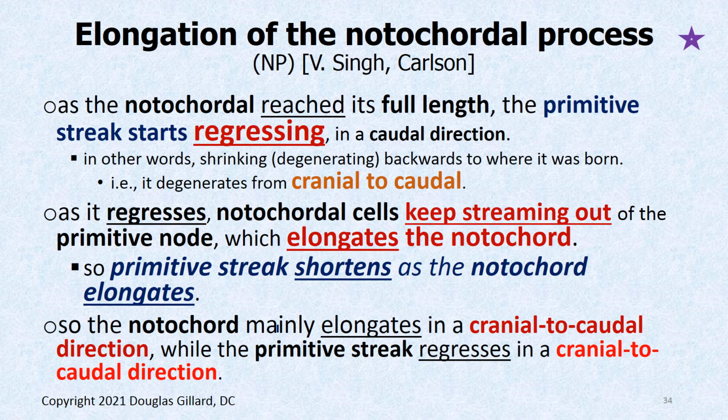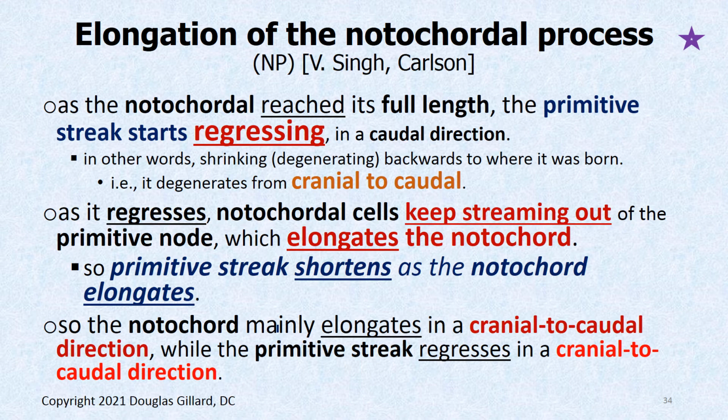So as we said, as the notochord reaches its full length, the primitive streak starts to go backwards or shrink away. The official word for that is regress. It regresses in a cranial to caudal direction, or in an anterior to caudal direction, depending on the author's choice.